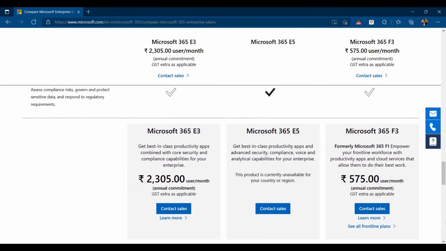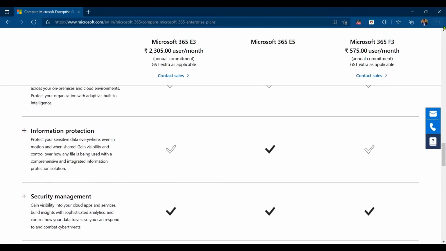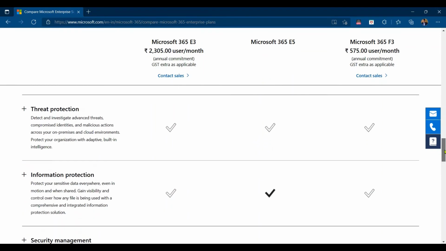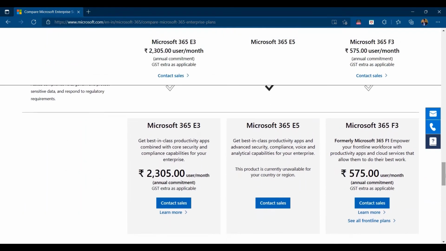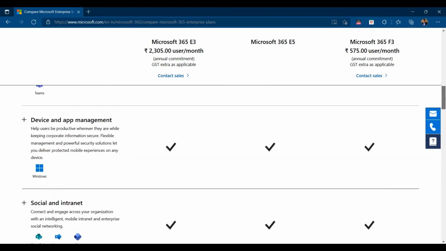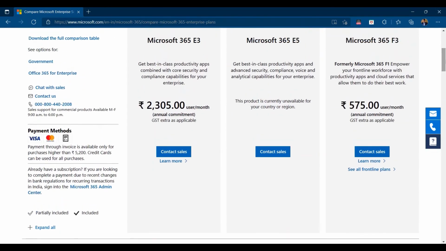I think E5 is almost on top of all the licenses, and it gives you almost all the premium features. You can also purchase additional premium features wherever you would require. And this 575 per user per month is more like a basic tier even in the enterprise license.